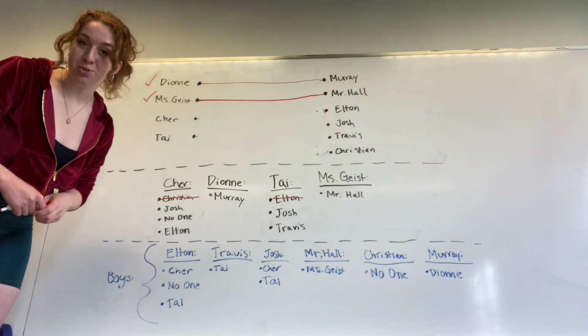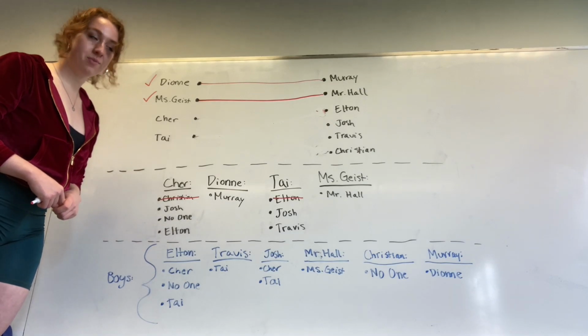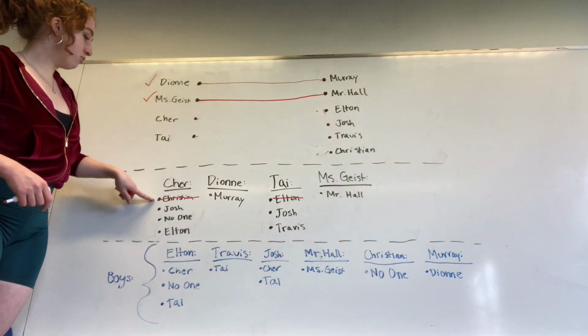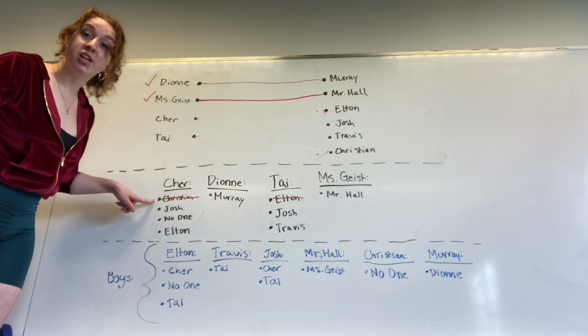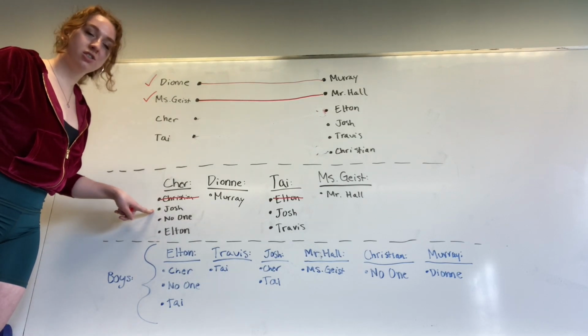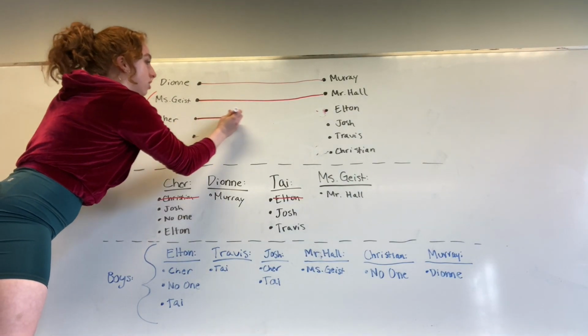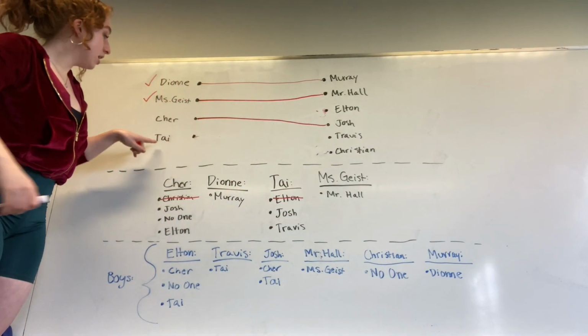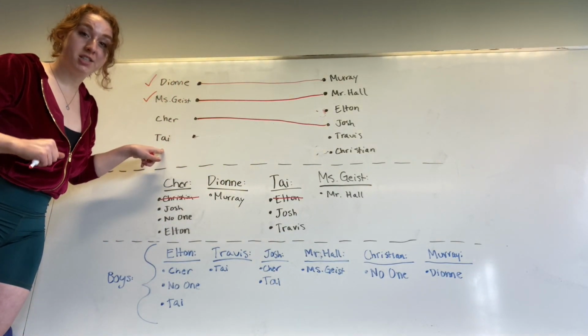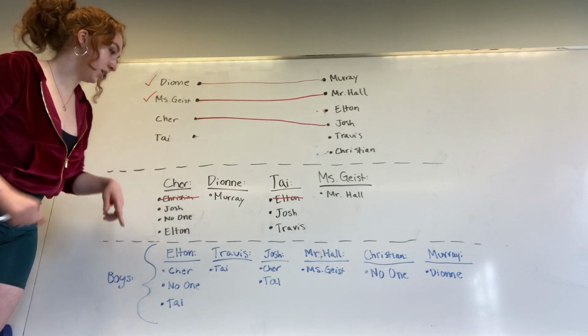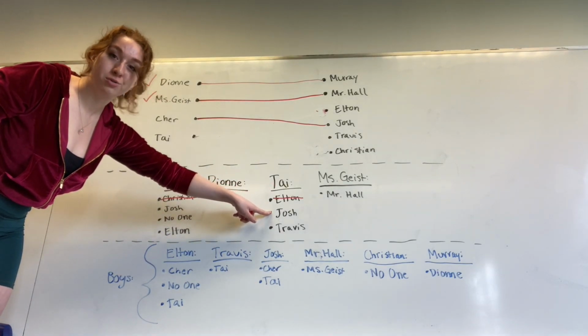So now it's day 2, let's see what the rest of the girls do. Cher, having been rejected by Christian, is going to go to her next choice, Josh. Ty, having been rejected by Elton, is going to go to her next choice, also Josh.